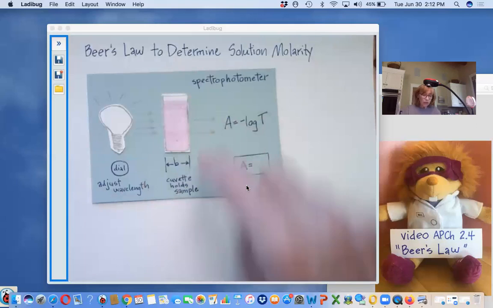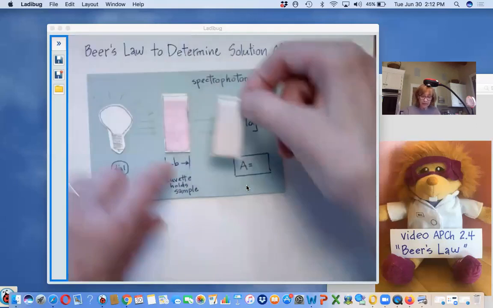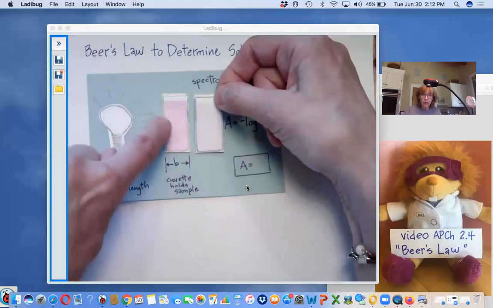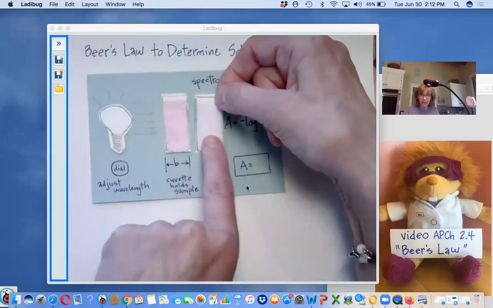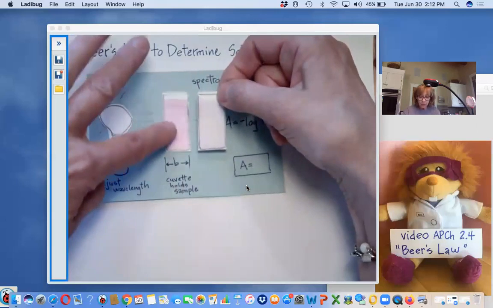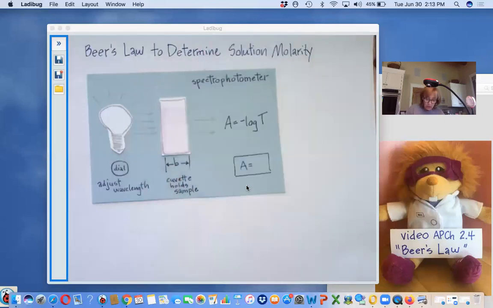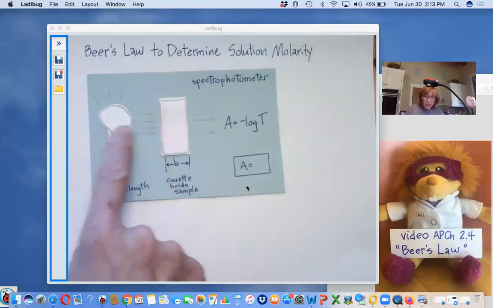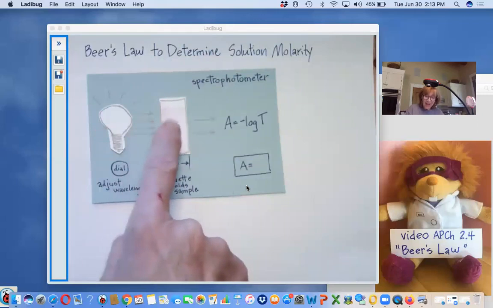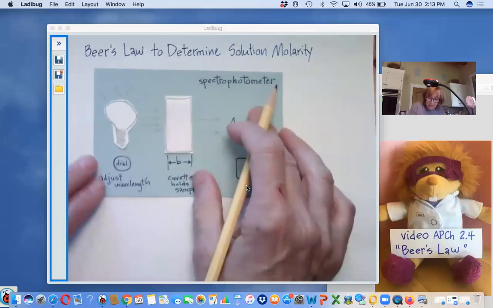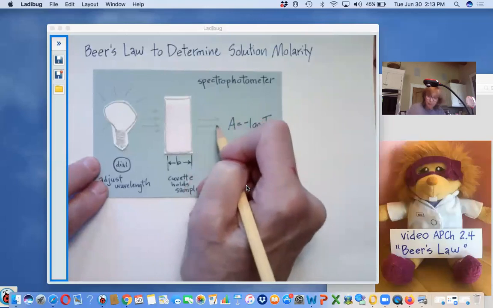Now let's just look at another example of the same stuff. This is also potassium permanganate, but clearly this one is more concentrated and this one is dilute. So when you put a more dilute sample into the machine, the light shines to the sample and not as much is absorbed, which translates into a lot more gets transmitted.